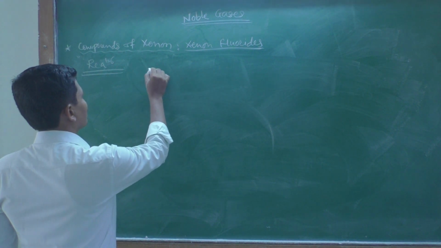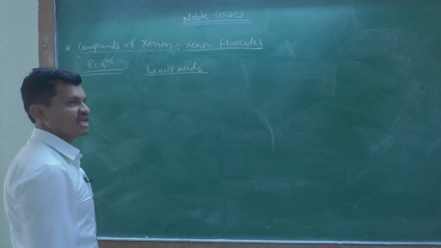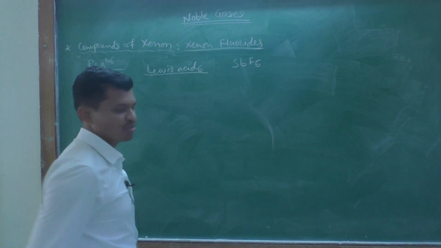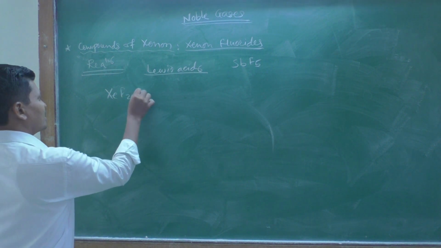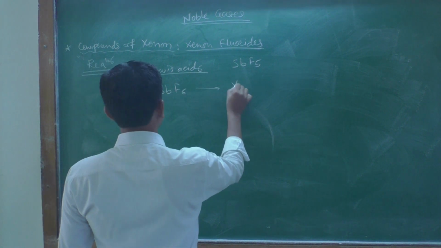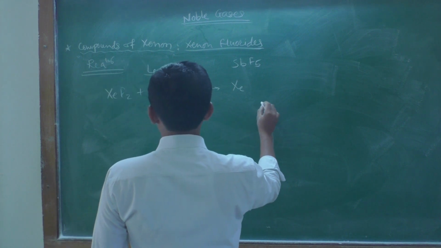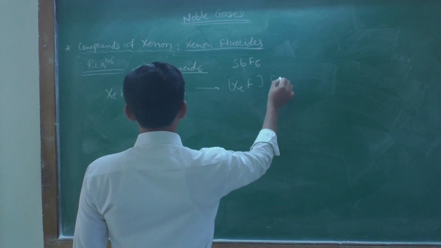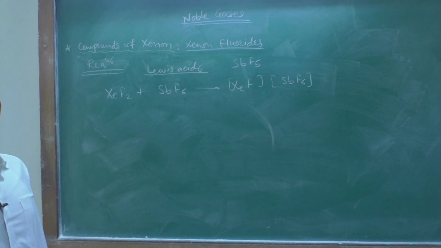So Lewis acids means electron deficient species such as antimony pentafluoride, SbF5. When xenon difluoride reacts with SbF5, there is a formation of XeF+ SbF6-.